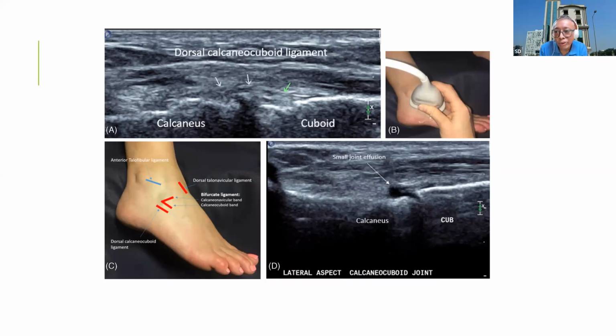As I've told you, there are three bundles: central, lateral, and medial. Normally the central bundle arises from the central calcaneal tubercle, and at that area you can see fusiform dilatation. Where there is fusiform dilatation, that is the area where you have to inject PRP.